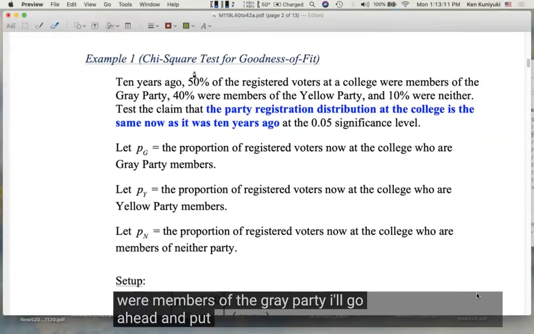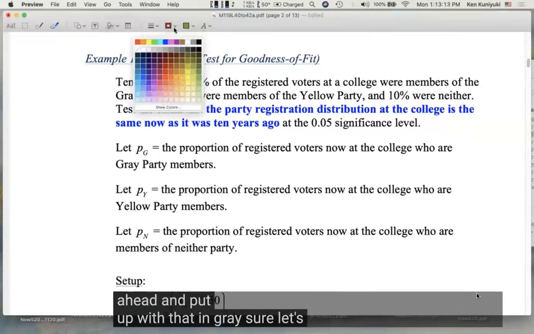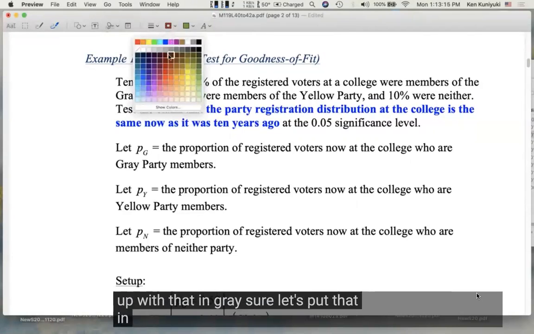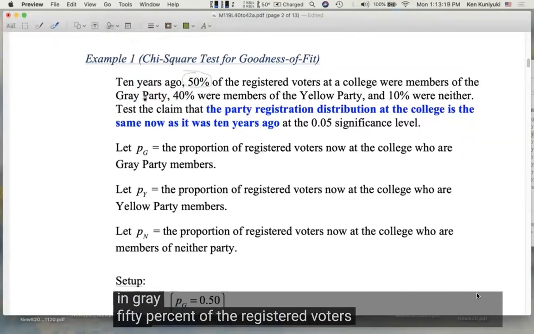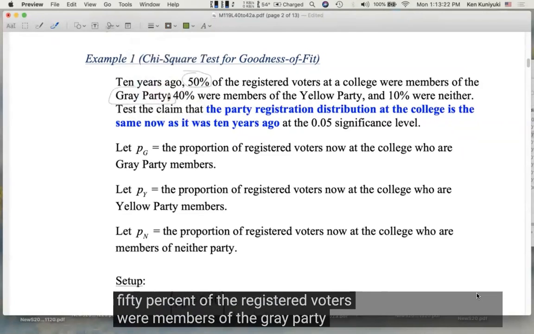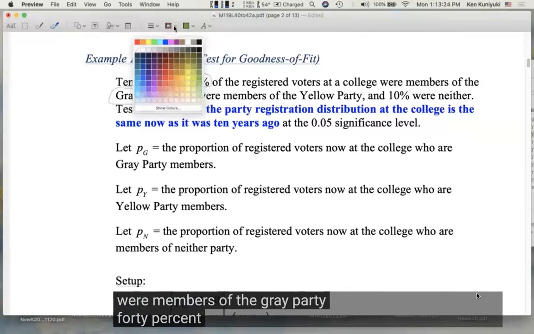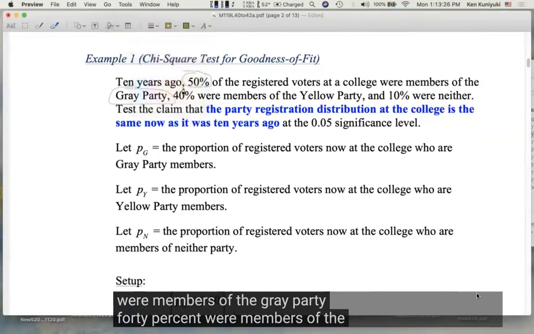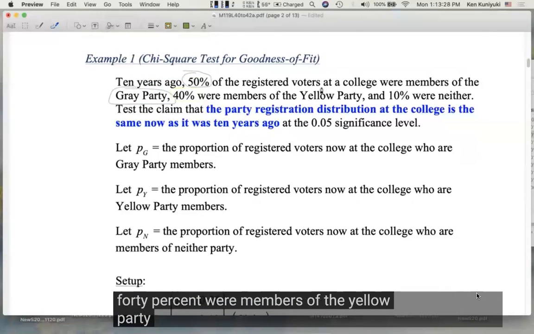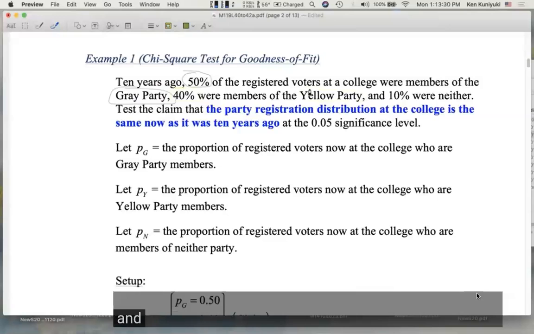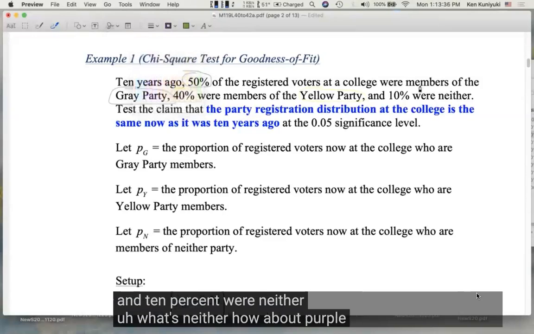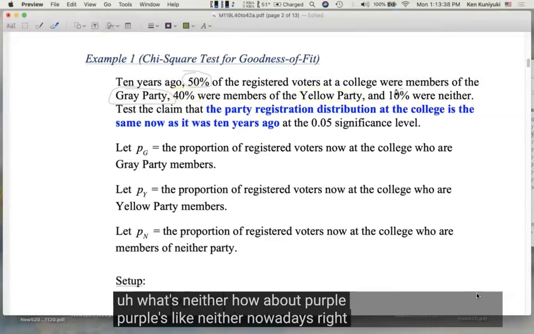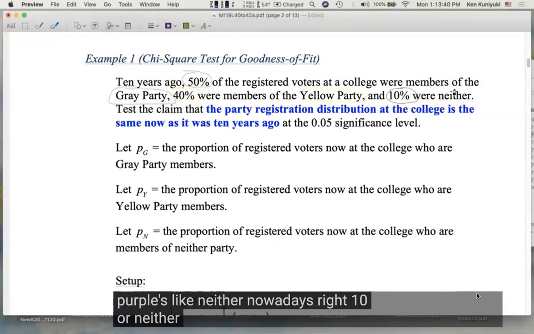I'll put that in gray. 50% of the registered voters were members of the gray party. 40% were members of the yellow party. And 10% were neither. What's neither? How about purple? Purple's like neither nowadays, right? 10% were neither.